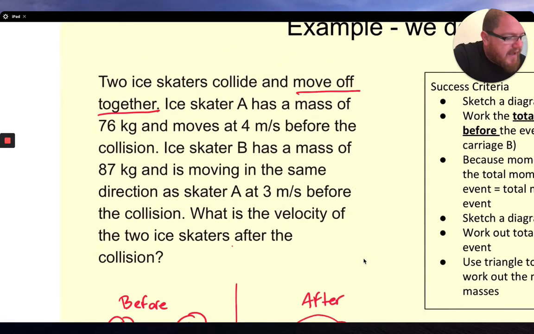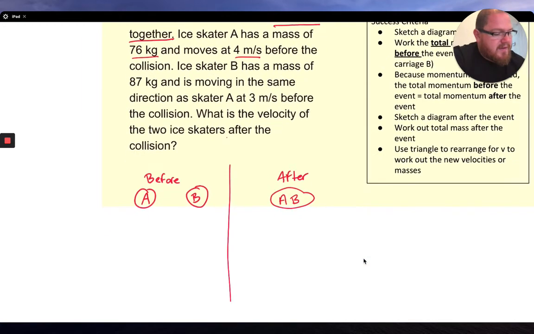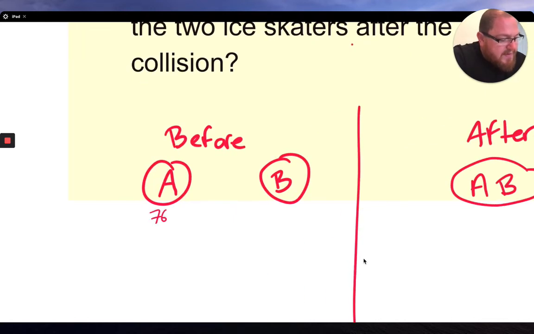Let's start filling in my values. So ice skater A has a mass of 76 kilograms. It's got a velocity of 4 meters per second, and it's moving this way. I've picked the direction again because it hasn't told me.